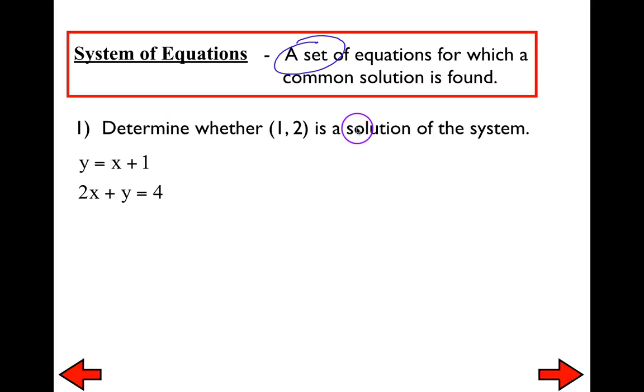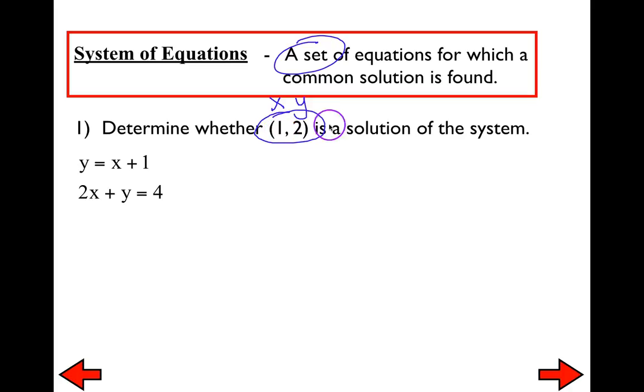So the very first thing we're going to be asked to do is determine whether (1, 2) is a solution of the system. So basically, it's asking us, if x equals 1 and y equals 2, would this be a solution for both of these equations? Because here we do have a system because we have more than 1, we have 2.